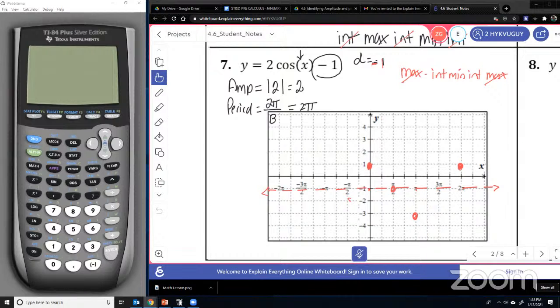And we know that the other intercept occurs at 3 pi over 2. And so it's going to be a smooth curve. And there it is. This is y equals 2 cosine of x minus 1.